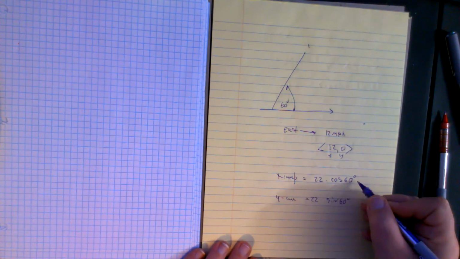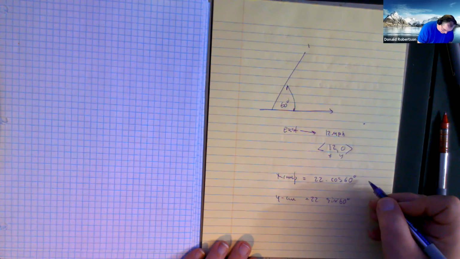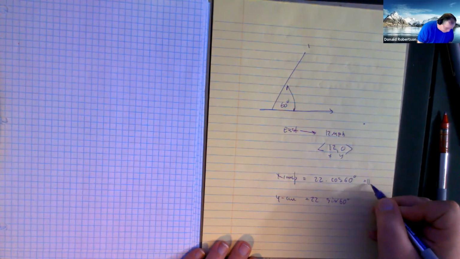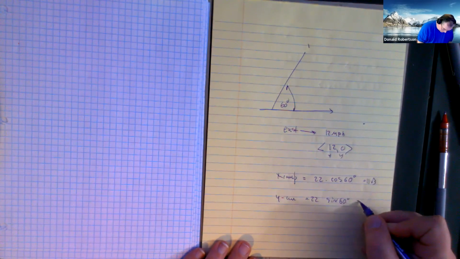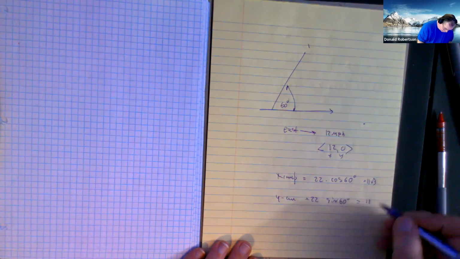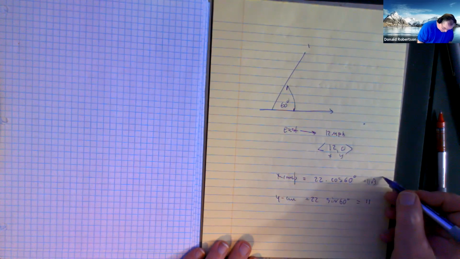If you do that, you should have got 11 root 3 and 11. But you kind of switched them around and turned that into a decimal as well.